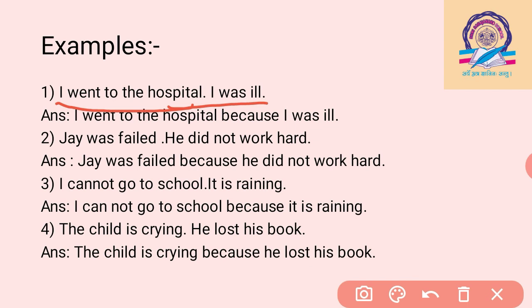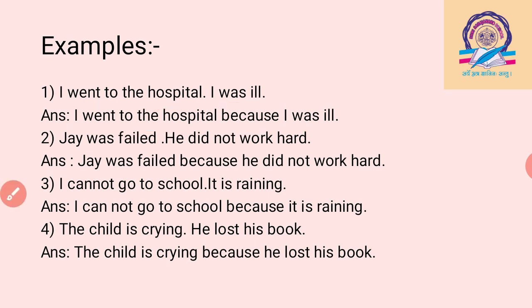So our answer is: I went to the hospital because I was ill. I was ill is the reason here, and I went to the hospital is your activity. Why did you go to the hospital, why did you do such an action? So at last, after because, you have to give the reason.